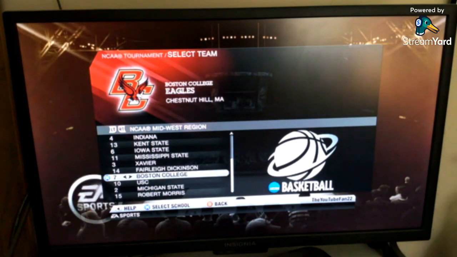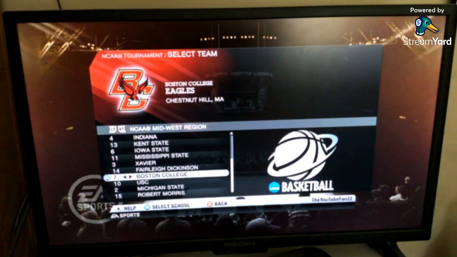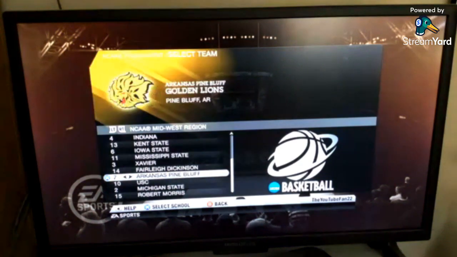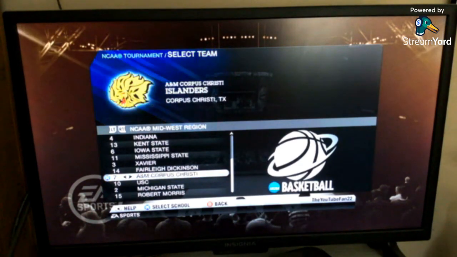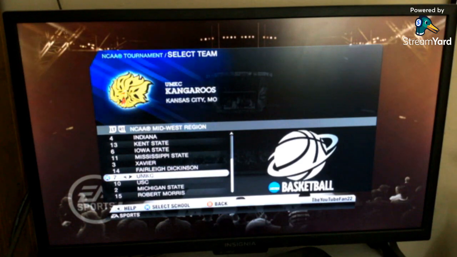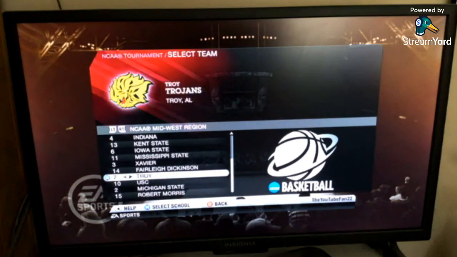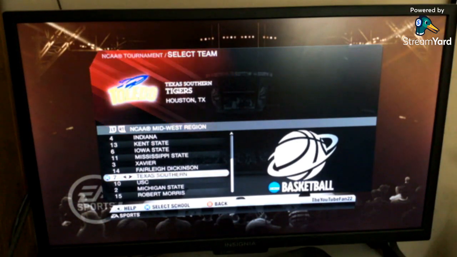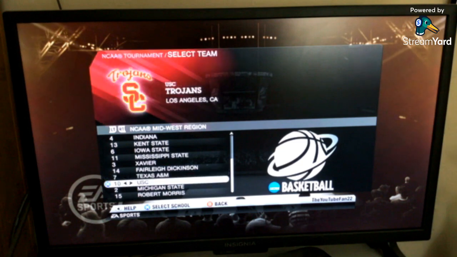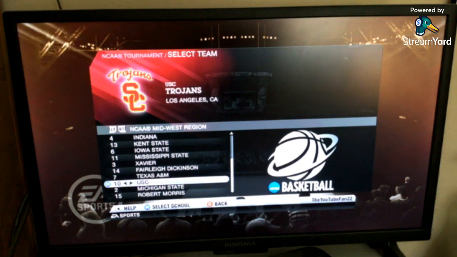Number 7 is Texas A&M. At number 10 is Penn State.